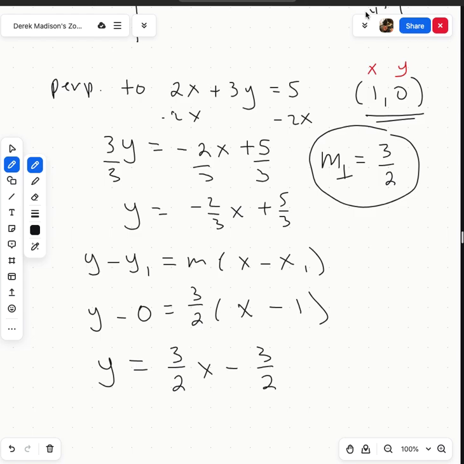Graphing calculator. And I'm just going to type over here for a second off screen. 2x plus 3y equals 5. And then y equals 3 halves x and then minus 3 halves.